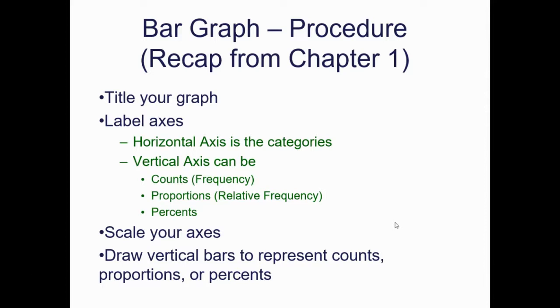So your horizontal axis, the x-axis is your categories. Vertical axis can be counts, meaning the frequency, proportions, the relative frequency, or percents. And then scale your axes.